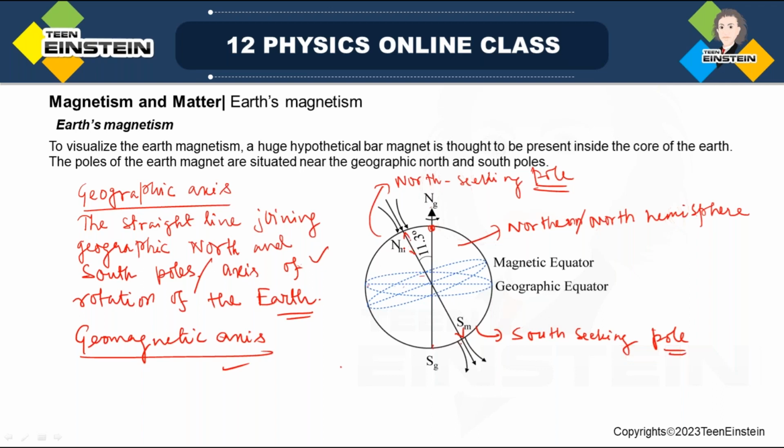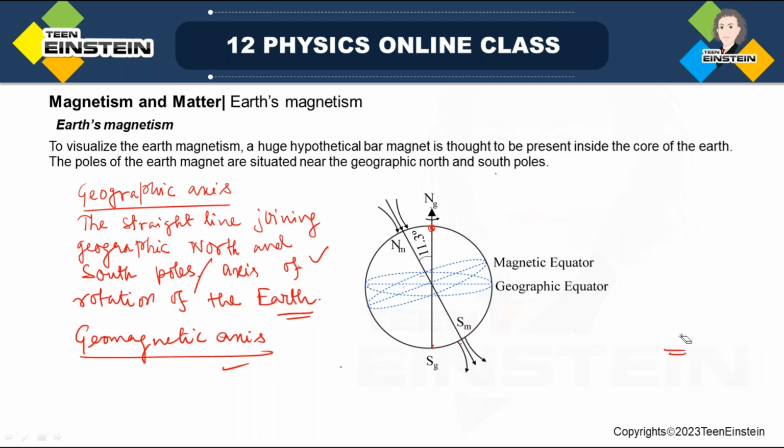Now we'll be discussing another term called meridian plane. What is the meridian, or magnetic meridian or geographic meridian? See, the plane that contains the rotational axis or geographic axis, or we can say the plane passing through the geographic axis or axis of rotation of the earth, is called the geographic meridian.